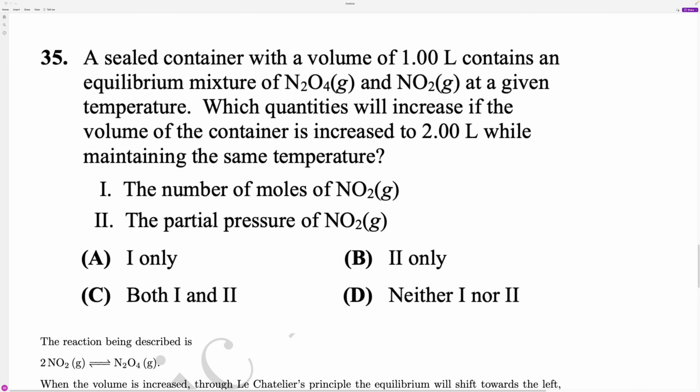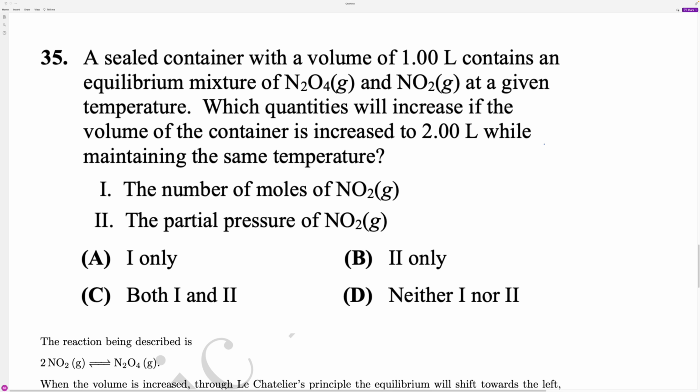Now, let's go through question 35. Breaking down the question, it's saying that there's a mixture of N2O4 and NO2 at a given temperature. So we're going to increase the volume to 2 liters, and we're going to maintain the same temperature. So you might immediately recognize this as an application of Le Chatelier's principle.